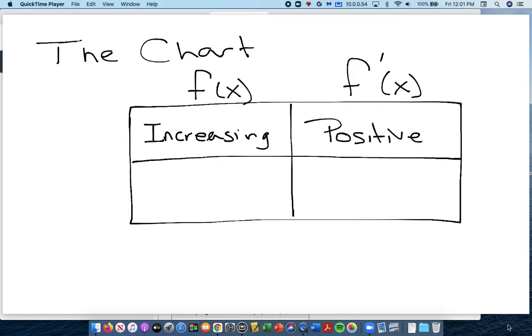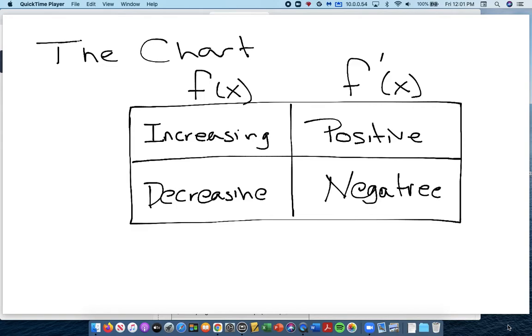So think about a graph going up. Its slopes are positive. Then when you have a graph that is decreasing, that's where f prime is negative.